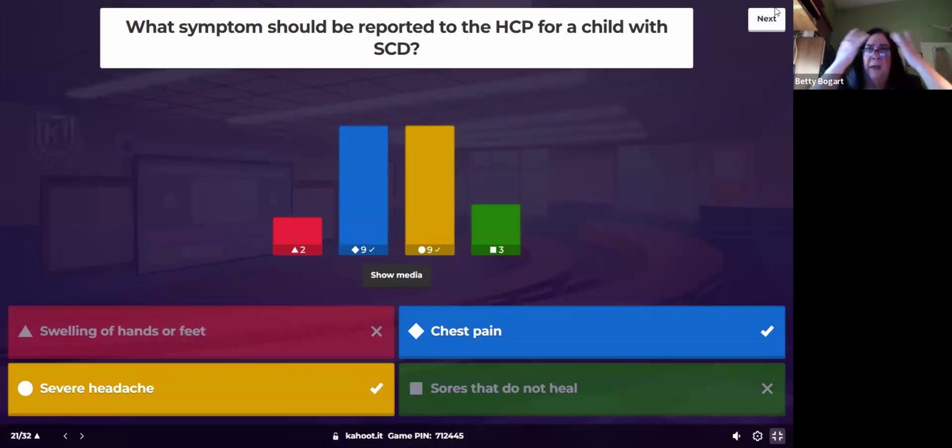Our big concern would be a stroke or something with the chest, pulmonary embolus. That's what we worry about. We know sickle cell is going to have swelling of the hands, the feet, the ankle, the knee. We also know they might have sores that do not heal. The things that we really need to report are these abnormal things that could be dangerous, the headache and the chest pain.